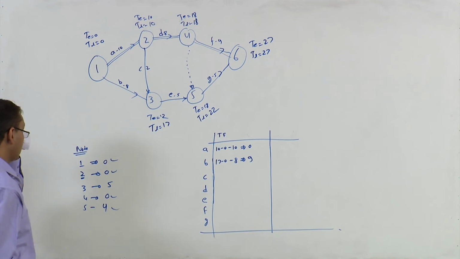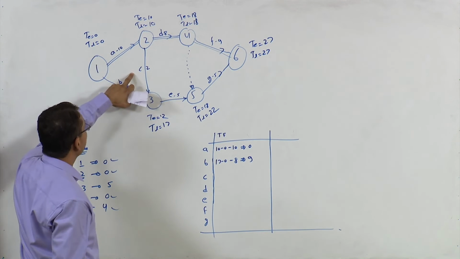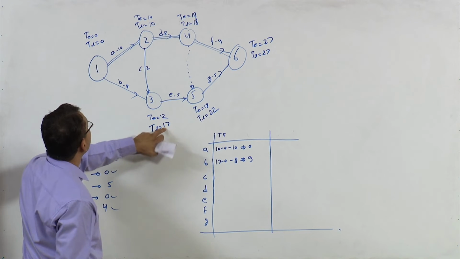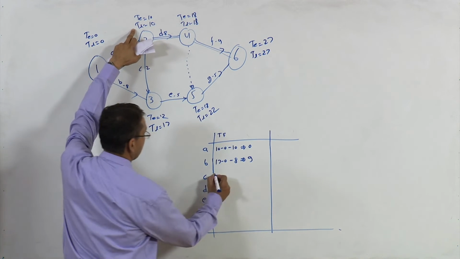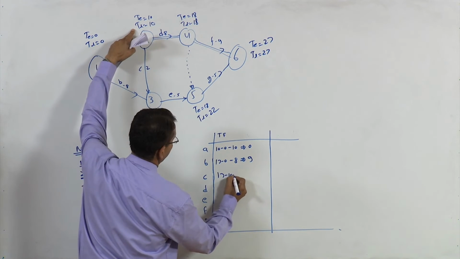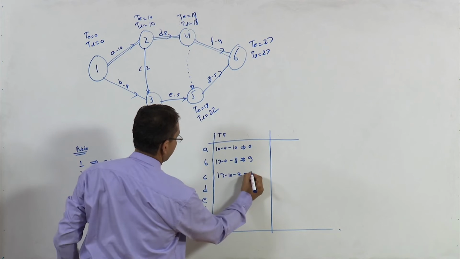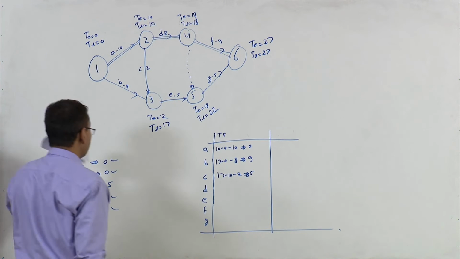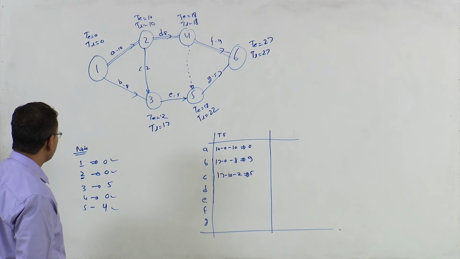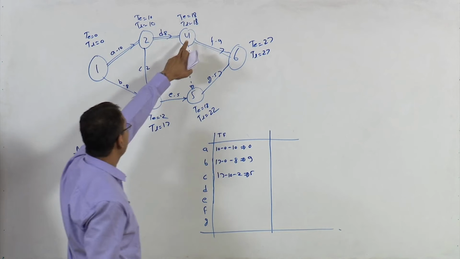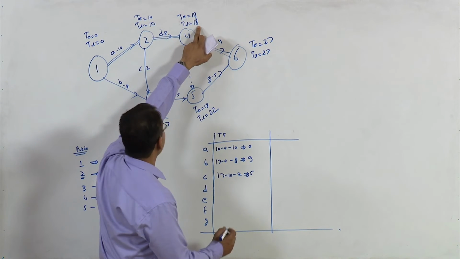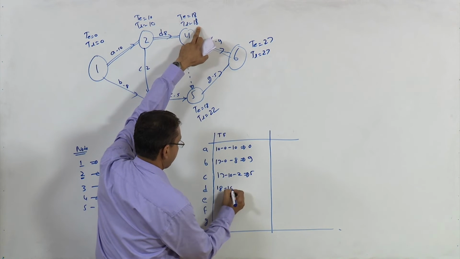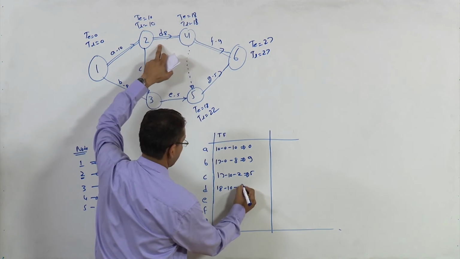For C, 17 minus 10 minus 2, so this is 5. For D, TL minus TE, 18 minus 10 minus duration 8, 0.